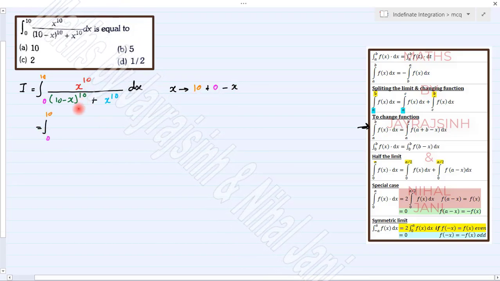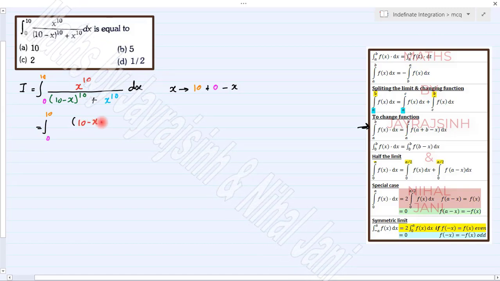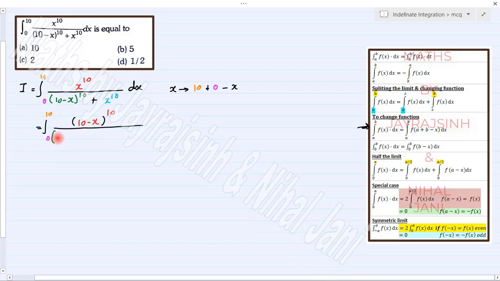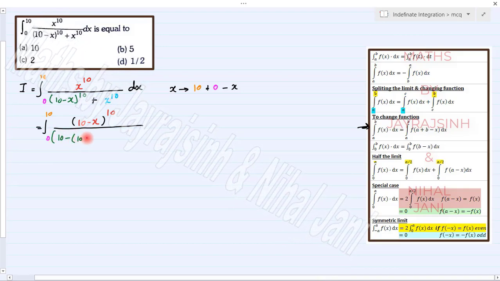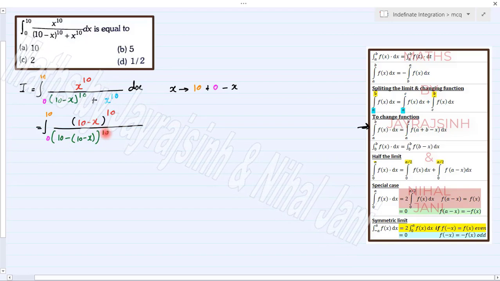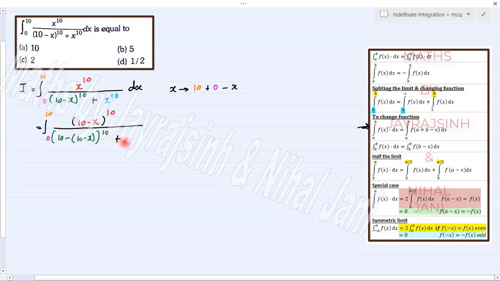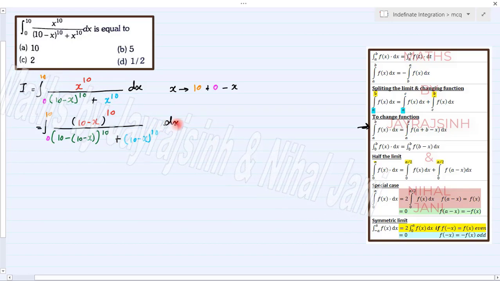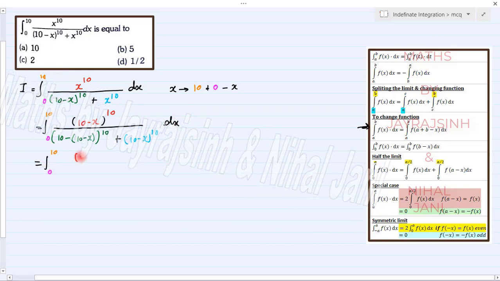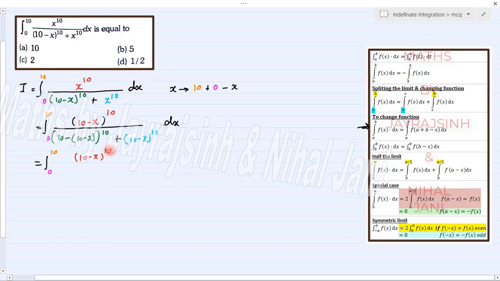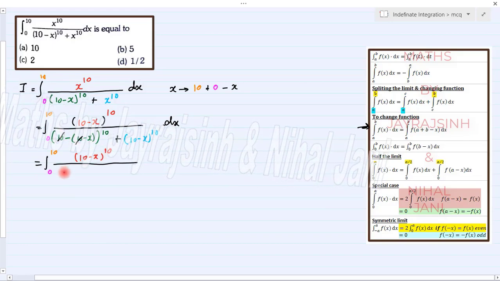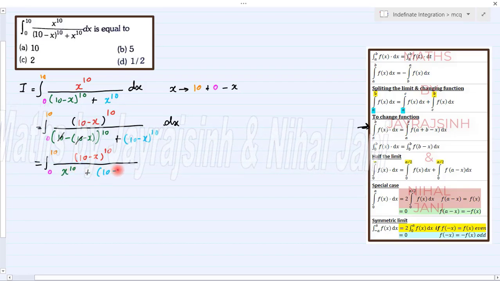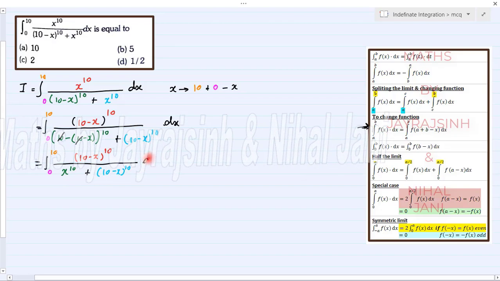So your numerator will become 10 minus x raised to 10, and in denominator we will get 10 minus 10 minus x raised to 10 plus 10 minus x raised to 10. So here we'll get 10 minus x raised to 10 upon this 10 will cancel out and we will get x raised to 10. 10 minus x raised to 10 will be as it is.